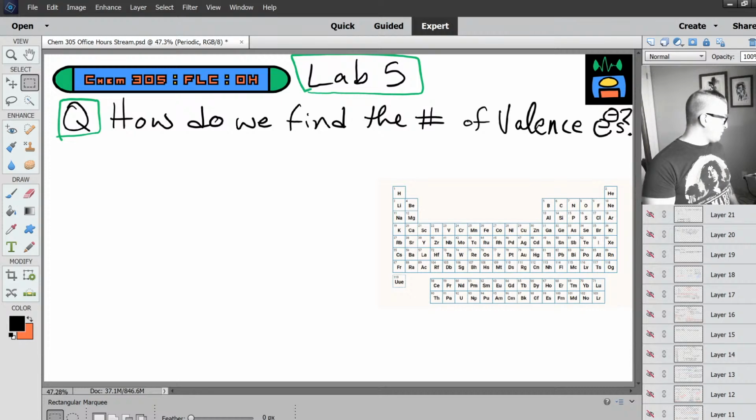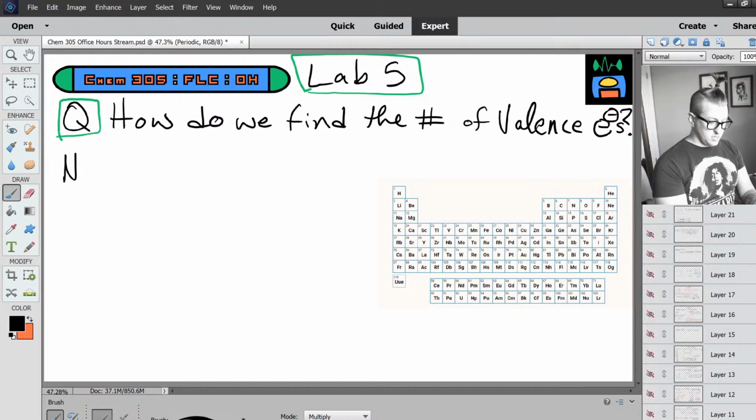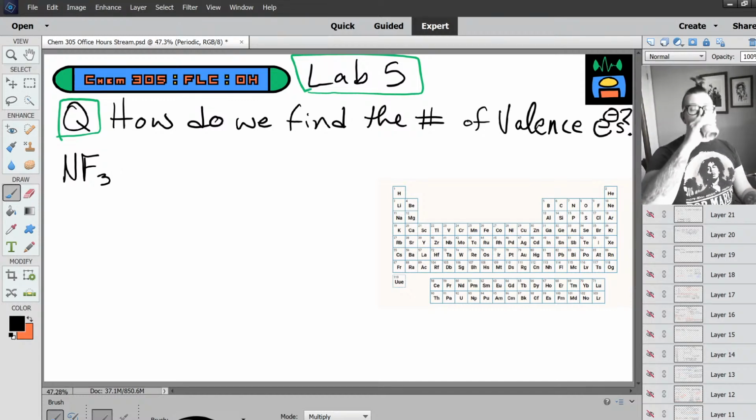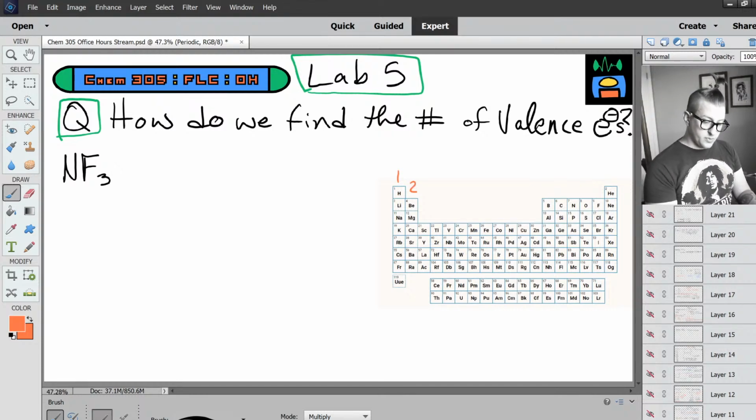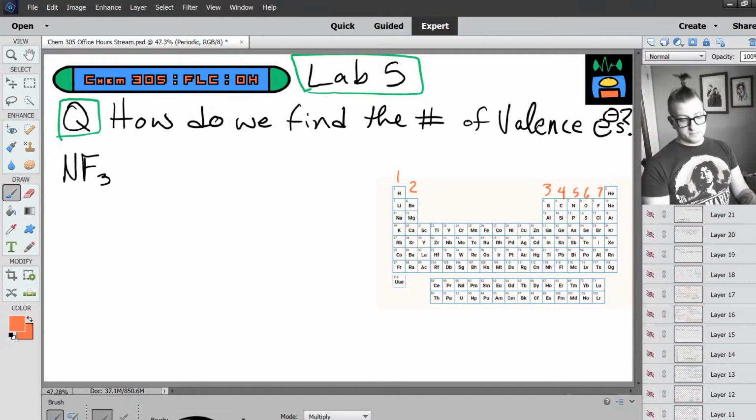So, for example, if we calculated the number of valence electrons for NF3, all right? There's a quick and easy way to determine that for the main group. If we just look at the main group, the first column has 1 valence electron, the second column has 2, 3, 4, 5, 6, and 7.